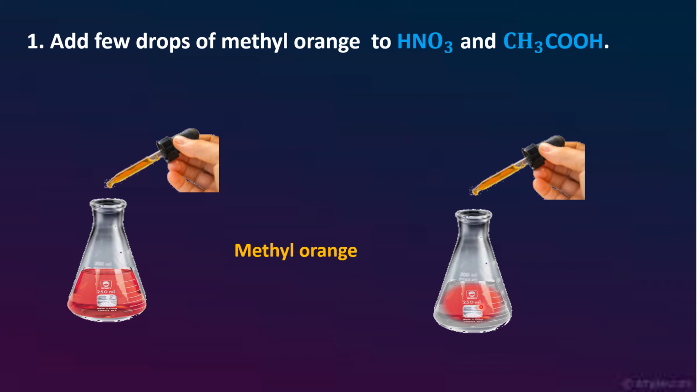So for both the solutions, that is for nitric acid as well as the acetic acid solutions, methyl orange changes the colorless solution to the red color. So that means for HCl, H2SO4, HNO3 and acetic acid, phenolphthalein is not responding, whereas with methyl orange the solutions are changing to red color. Okay, now we'll see for the other remaining solutions.